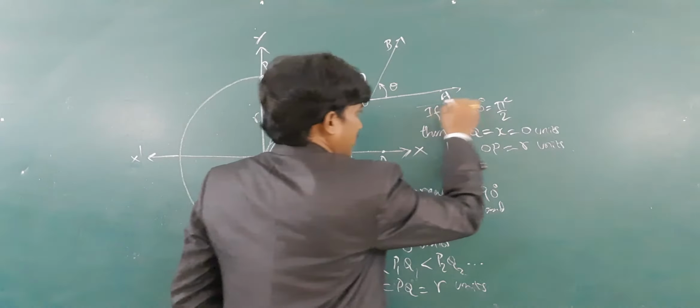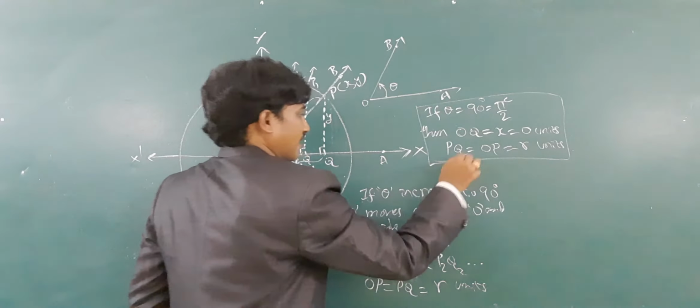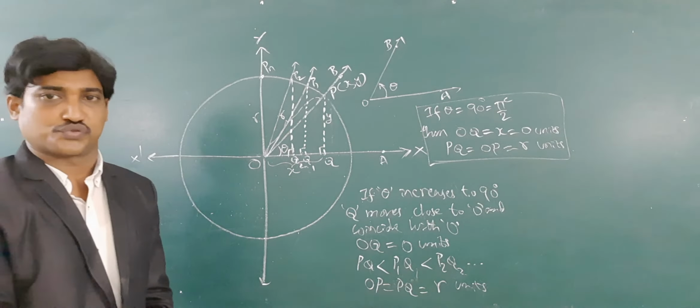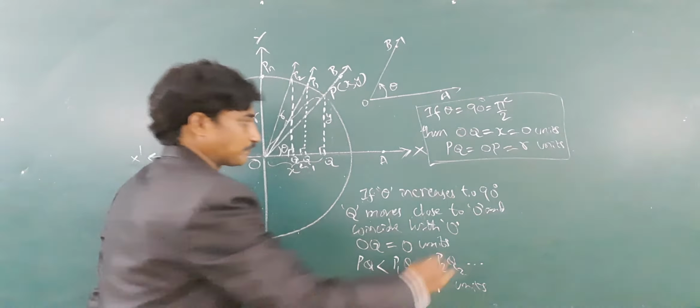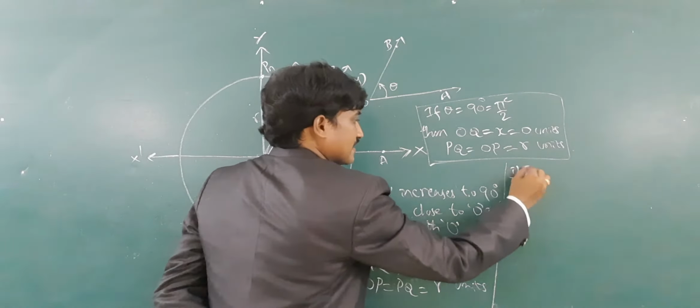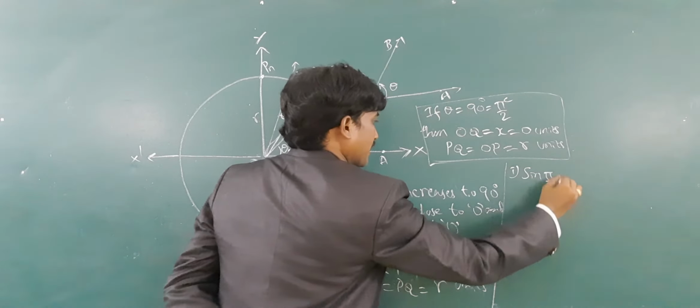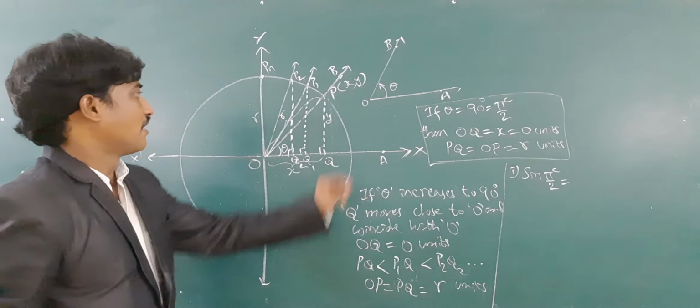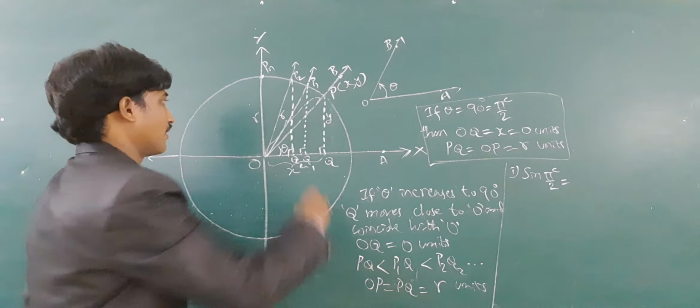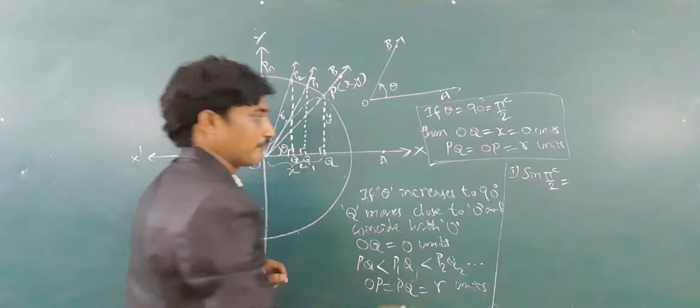Based on this result, we can write all 6 trigonometric ratios. First of all, let us write sine pi by 2 radian, sine 90 degrees. We know sine is y coordinate by r, y by r.